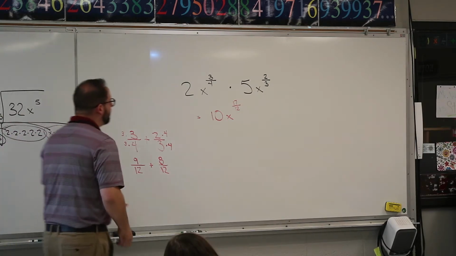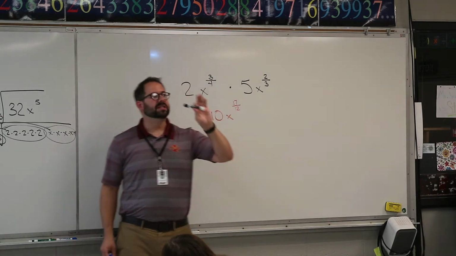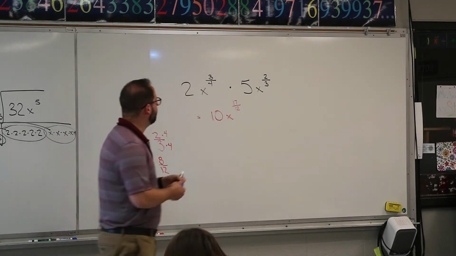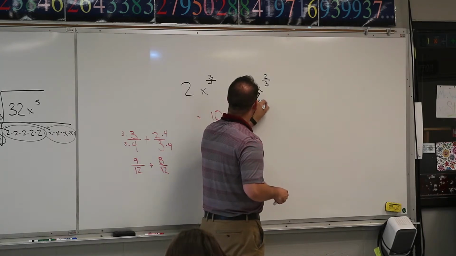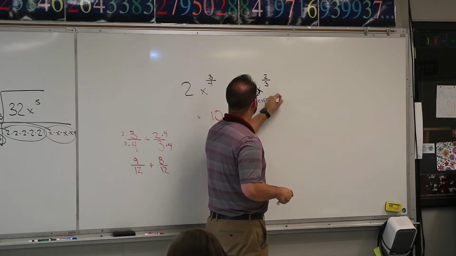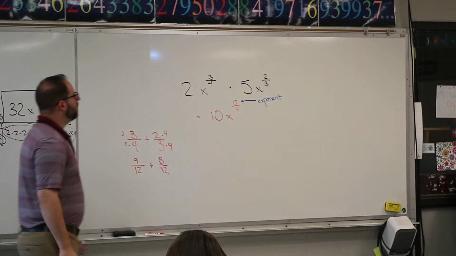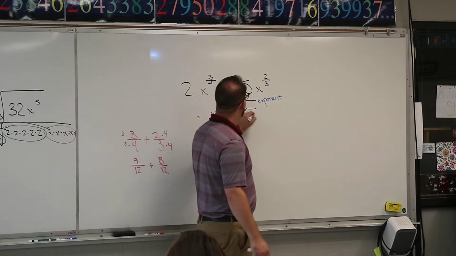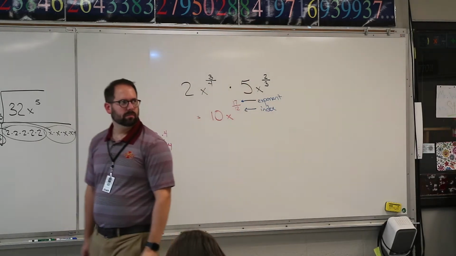If you ever have a fraction for a power, the top number on the fraction is the exponent that's on the base. The bottom number is the index number on the radical.